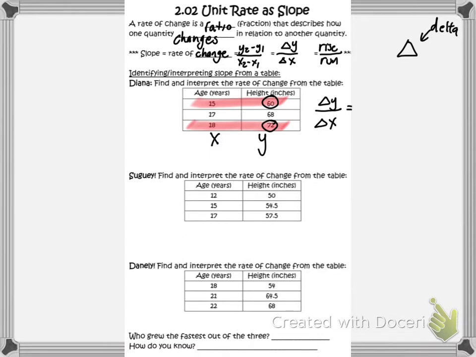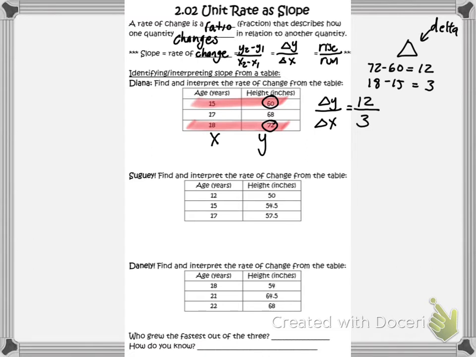So if I do the math, 72 minus 60, that's going to give me 12. So delta y is going to be 12. And then the change in age will be 18 minus 15. That's going to give me 3.